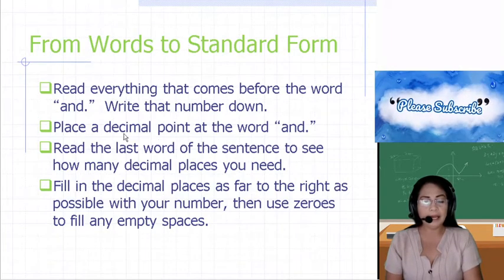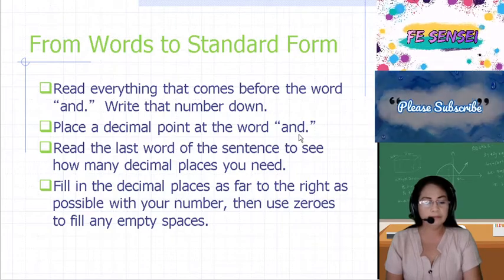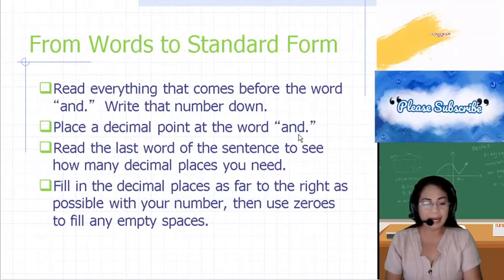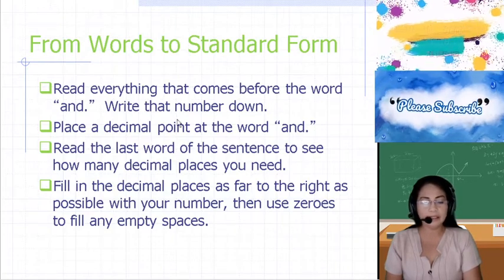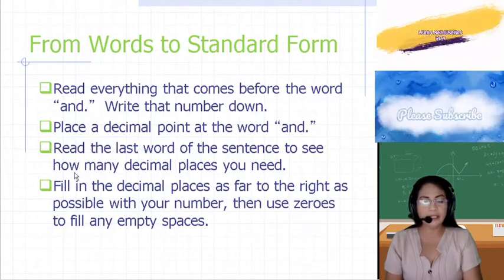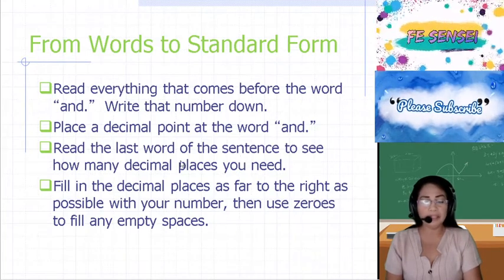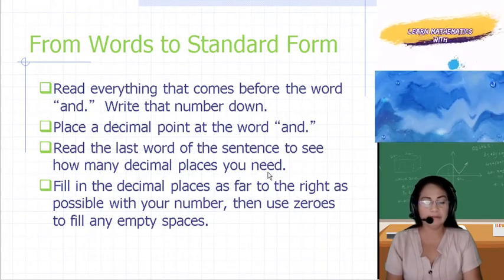Then, place a decimal point at the word "and." Replace "and" with a decimal point. Then, read the last word of the sentence to see how many decimal places you need.